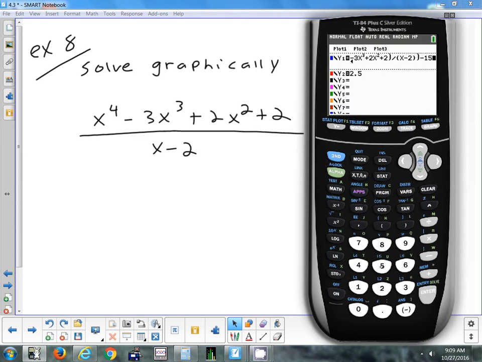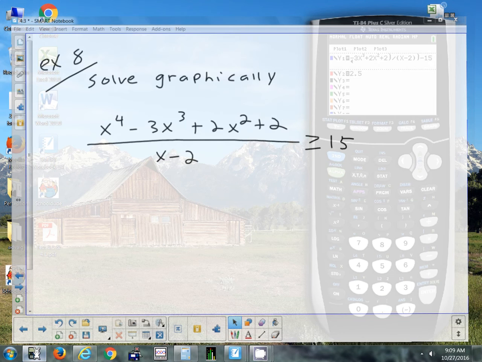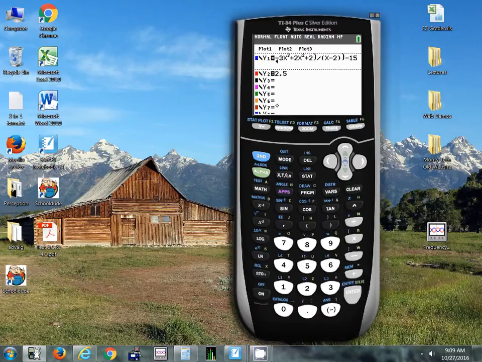Minus 15. And we're going to look for where this graph is greater than or equal to 0, because we subtracted the 15 now. So what's on the right-hand side? 0. Okay. You don't have to do it that way. There's other ways we've talked about to do it, like looking for an intersect and putting something in y1 and y2. But we decided to move everything to the left. All right. So let's graph it.